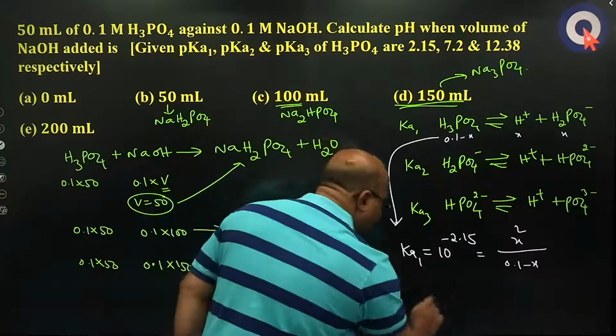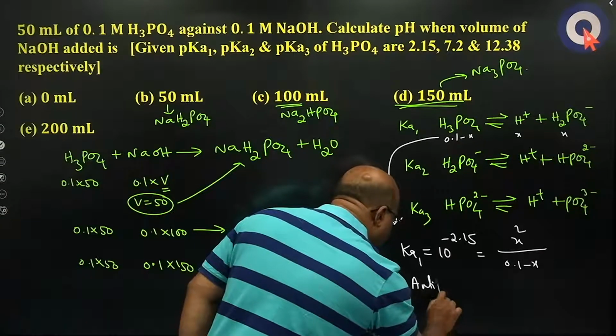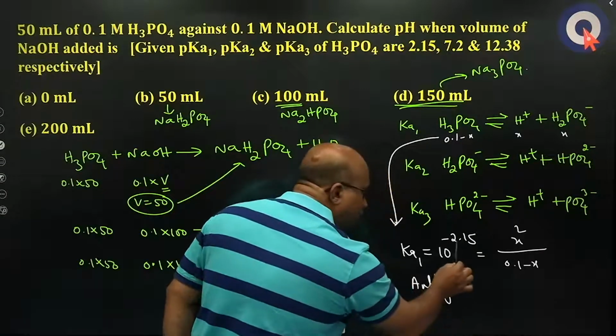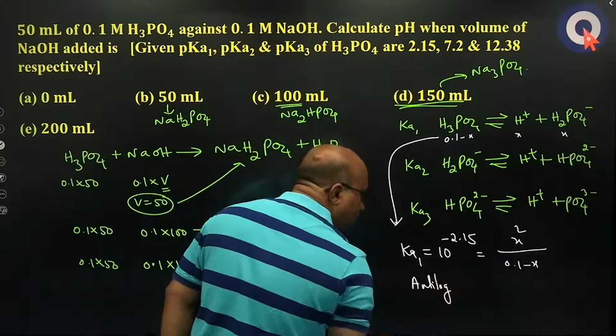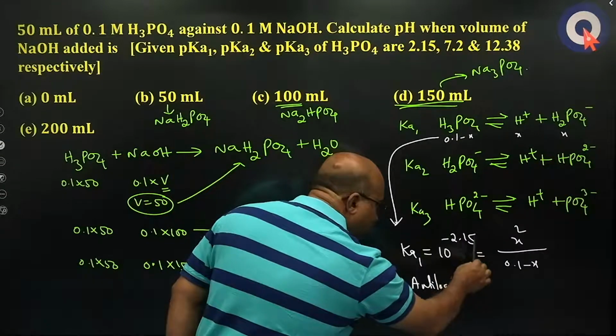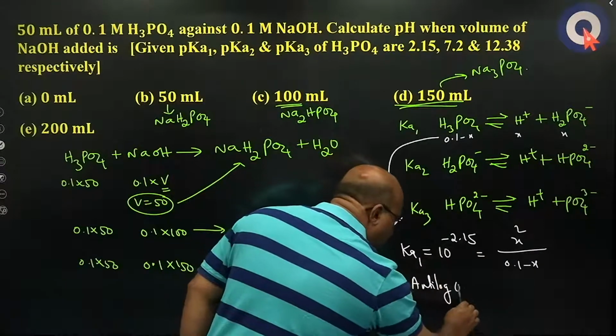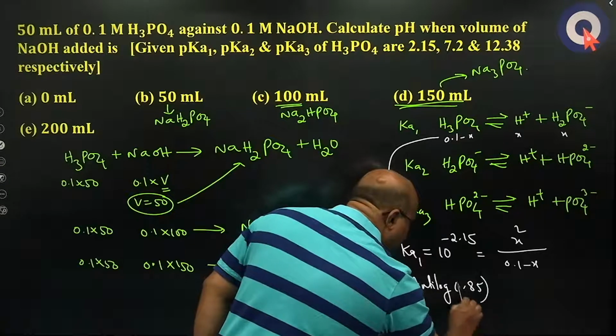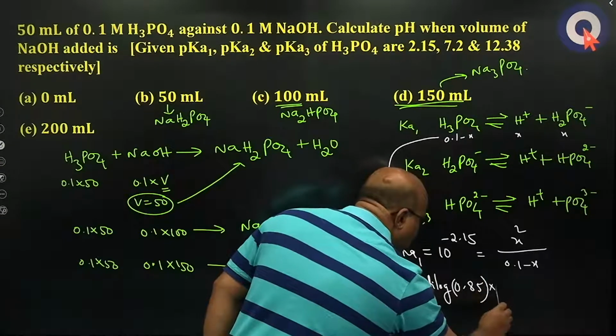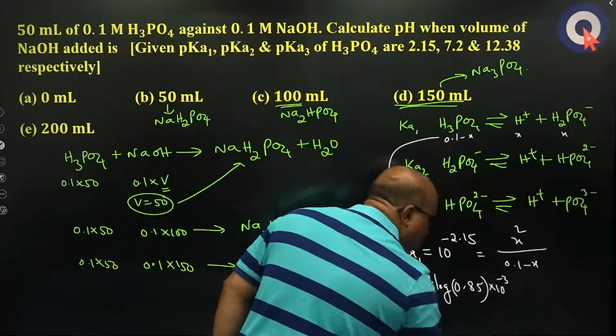But you can say this is the anti-log of, whenever it is minus with fractional values, you subtract from 1. So you will get anti-log of 0.85, and this is minus 2, so you can increment 1 unit as 10 to the power of minus 3.